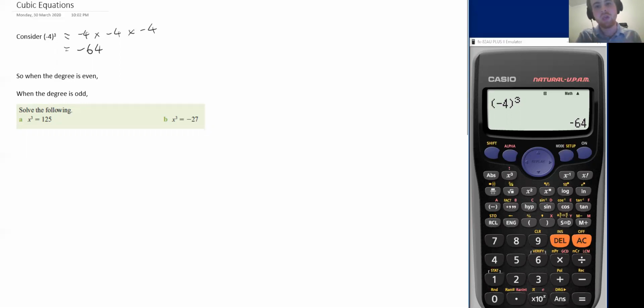Which means that when we're going backwards and we're square rooting or cube rooting, if we have an even power, or the degree that we're rooting by is even, so we're square rooting or fourth rooting or sixth rooting, then we need to include plus or minus in our equation.